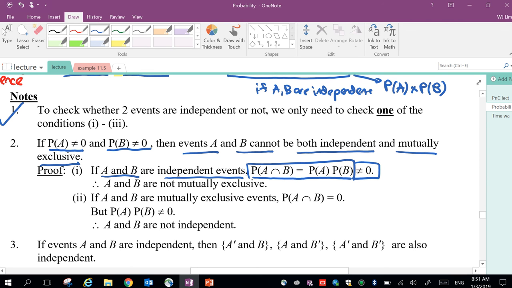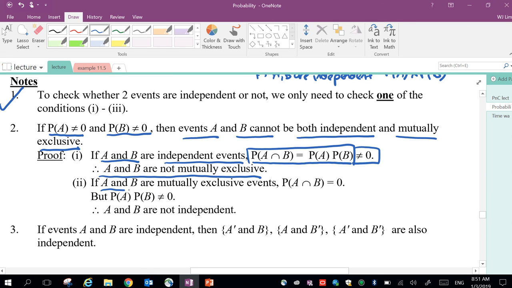If it's not equal to 0, A and B are not mutually exclusive. So if A and B are independent, A and B cannot be mutually exclusive. Likewise, if A and B are mutually exclusive, meaning P(A intersect B) is equal to 0, then to prove independence you must check that P(A) times P(B) is also equal to 0.